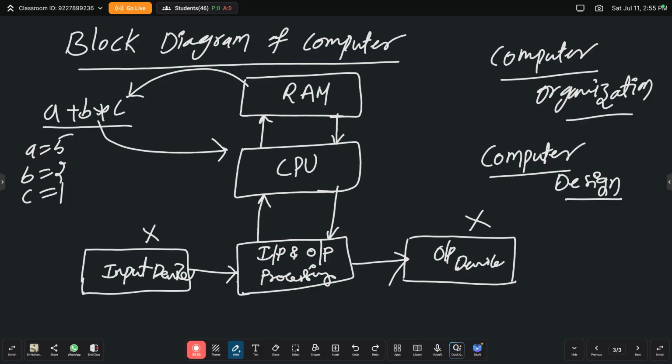Then one more definition, computer architecture.